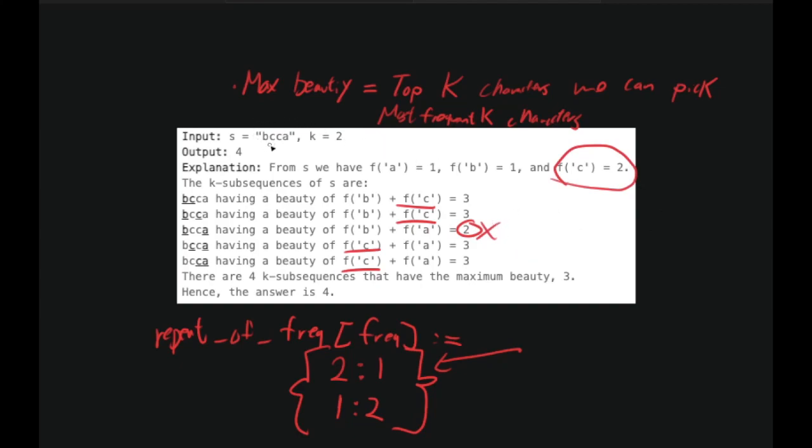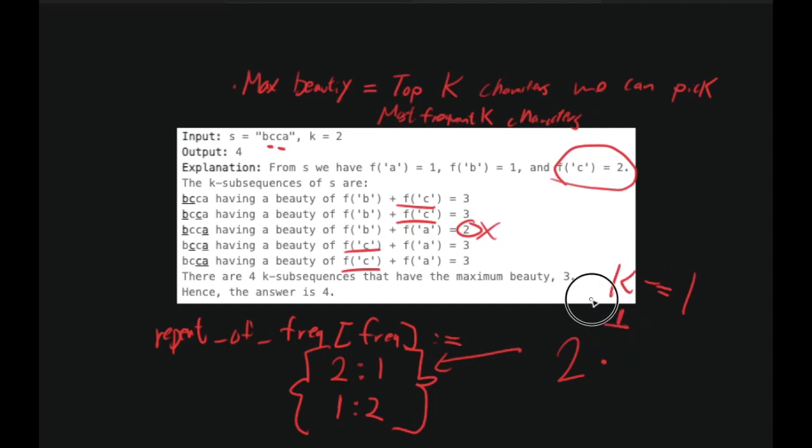Basically, we can choose the c from index 1, or we can also choose the c from index 2. That's why we multiply by 2 here. So that's how we're going to consider the first character. Remember, after considering the first character, we need to do k minus equals 1 because we already picked it. So k originally is 2 and now it becomes 1.